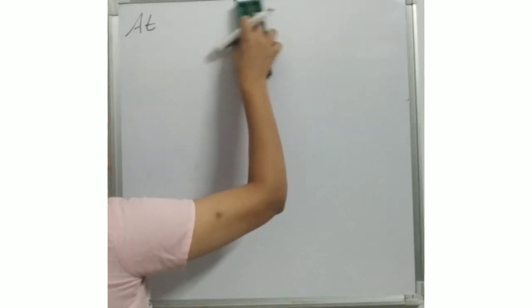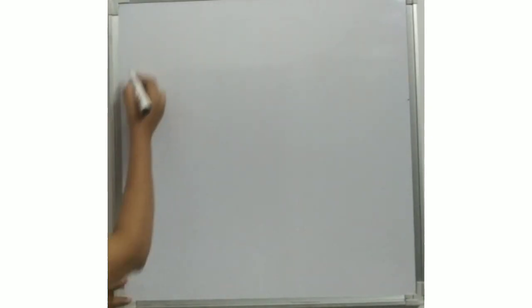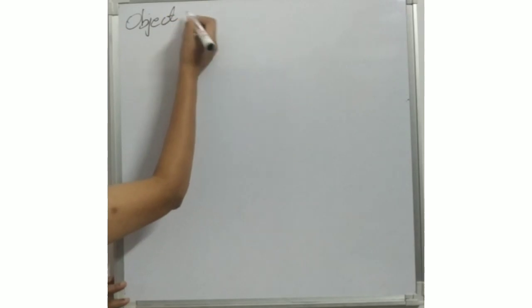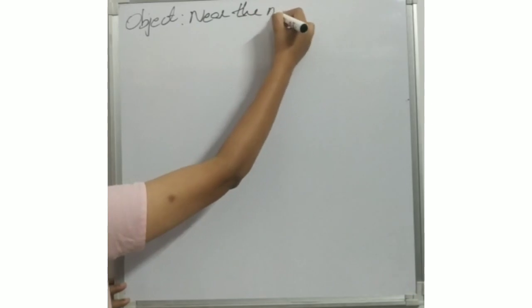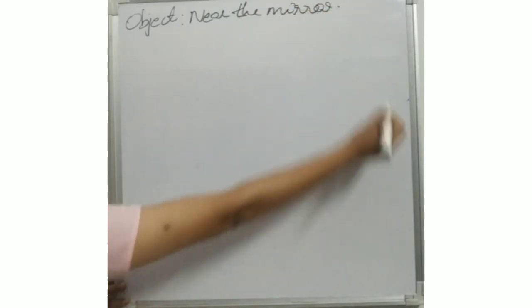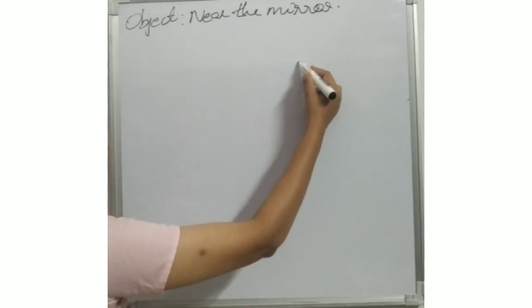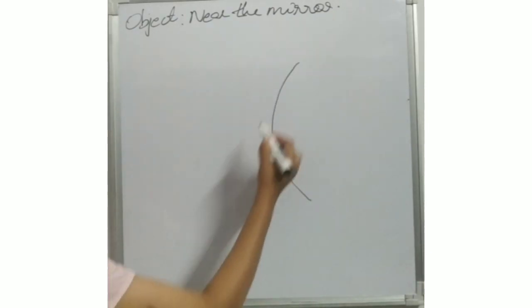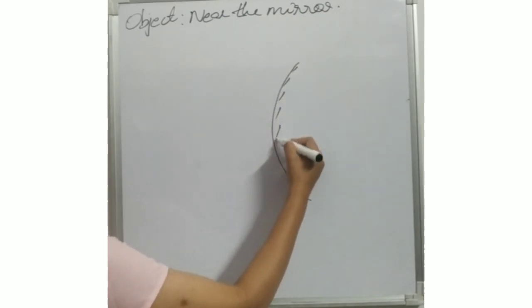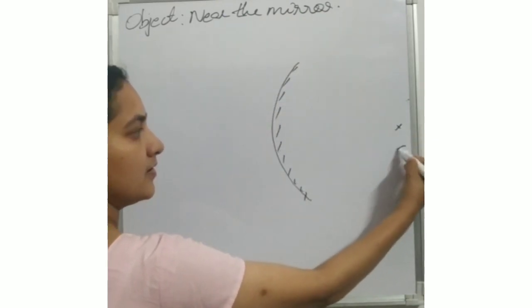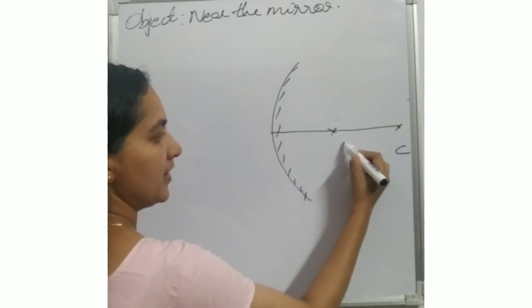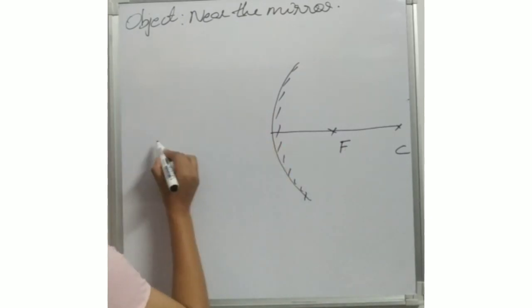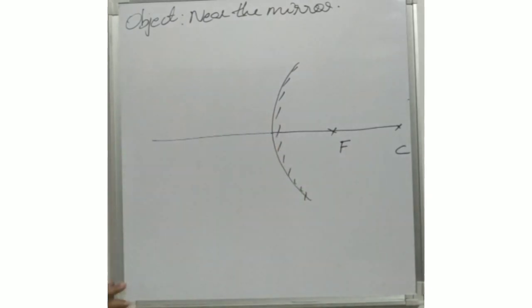Okay. Now one more diagram is possible in the case of a convex mirror. That is, the object is near the mirror. The object is not at infinity, but near the mirror. So here this will be the mirror, the center of curvature, F. And we have to extend the principal axis.